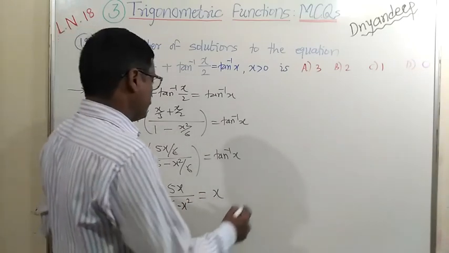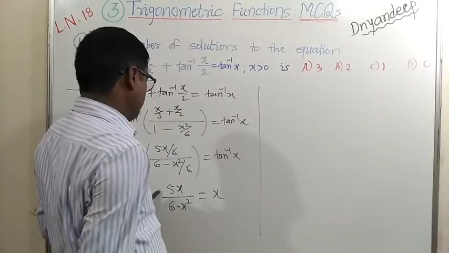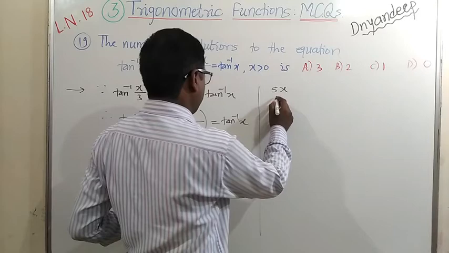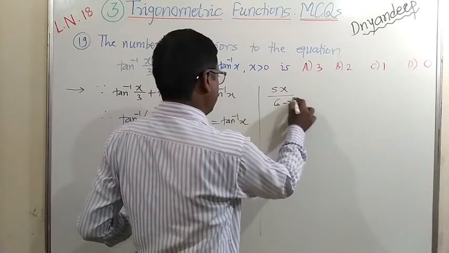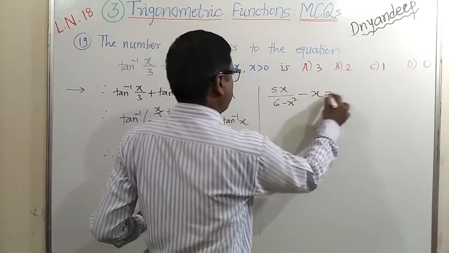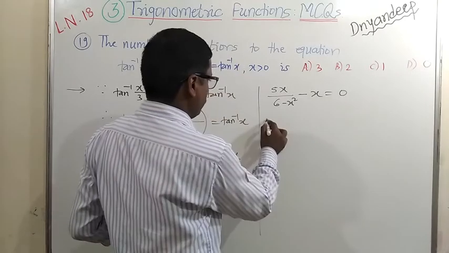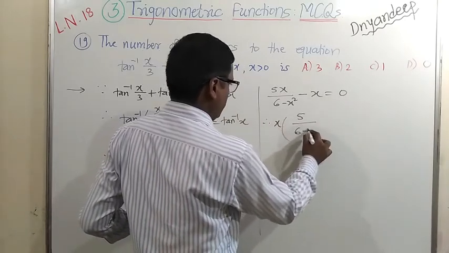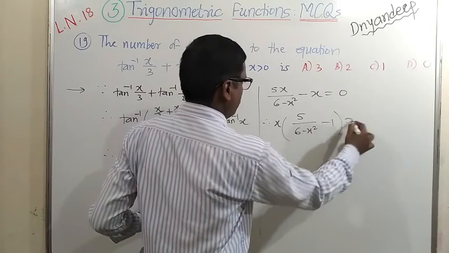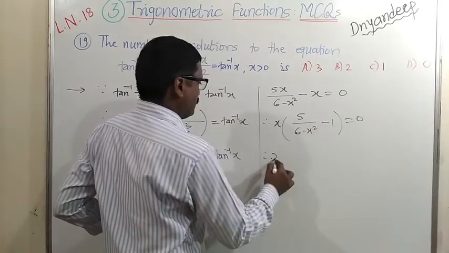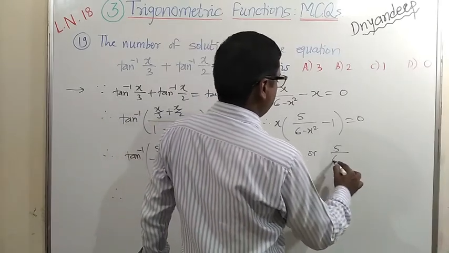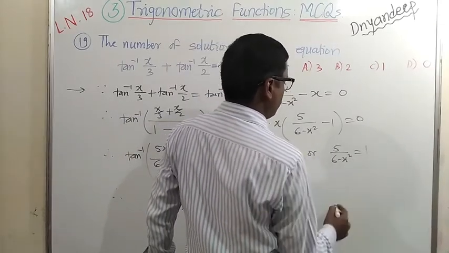Therefore, 5x upon 6 minus x square minus x equal to 0. Therefore, taking x common, we get 5 upon 6 minus x square minus 1 is equal to 0. Therefore, x equal to 0, or 5 upon 6 minus x square is equal to 1.